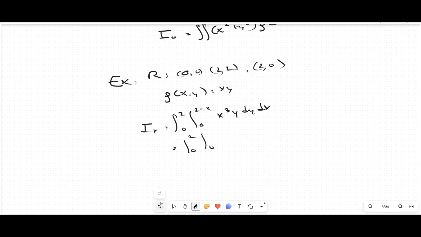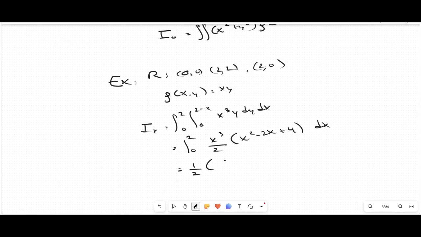I'm integrating y. The y integrates to y squared over 2, hence the over 2 right there. And then for y squared, we're going to plug in 2 minus x. You square that, you get this.